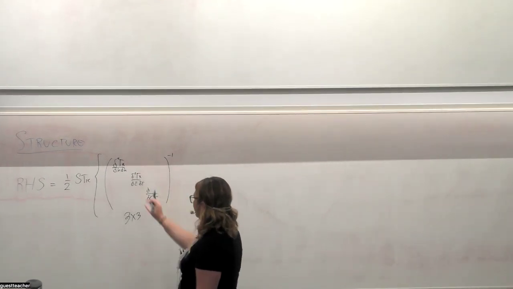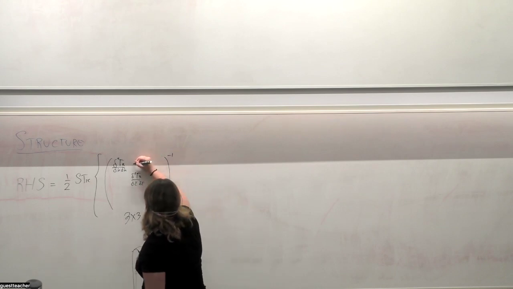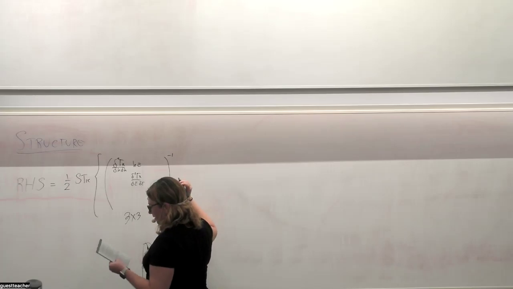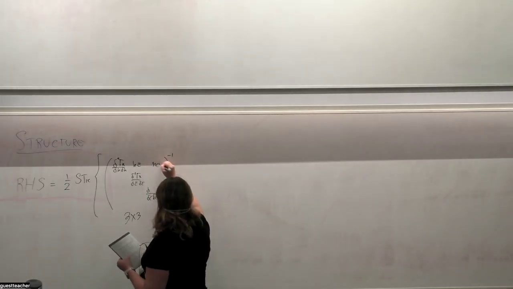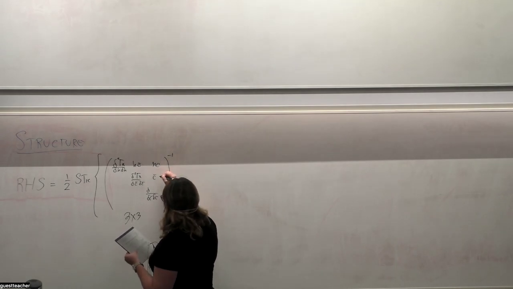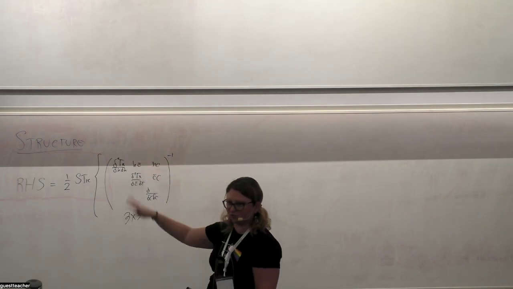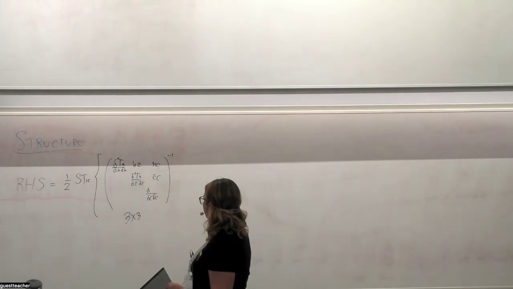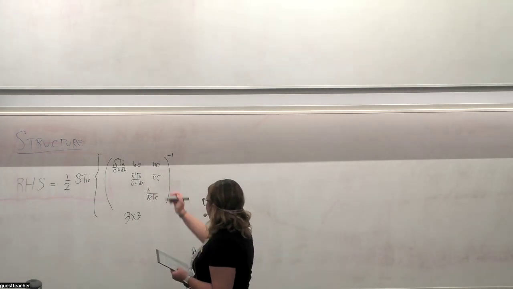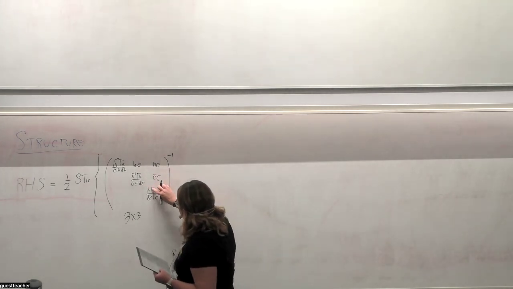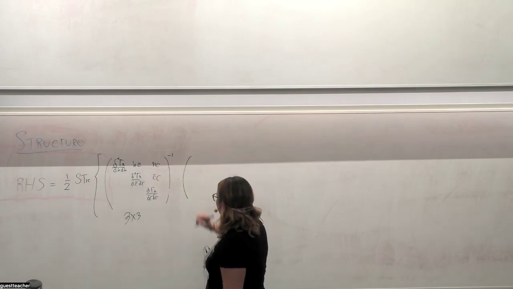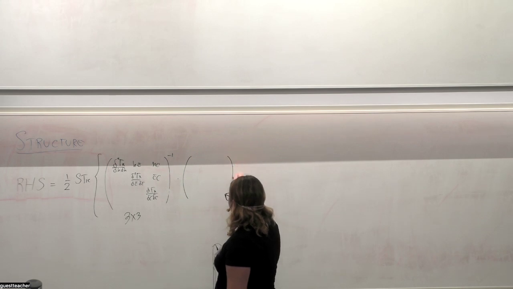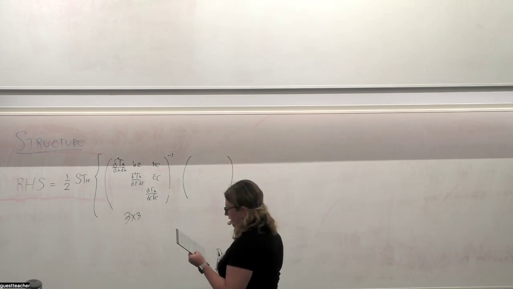And just let me write what else one would have here. Here we would have H C bar, and H C. I'm not writing the variation, it's just to have an idea structurally how this looks. And this is to be multiplied by the regulator, which is once again a matrix.